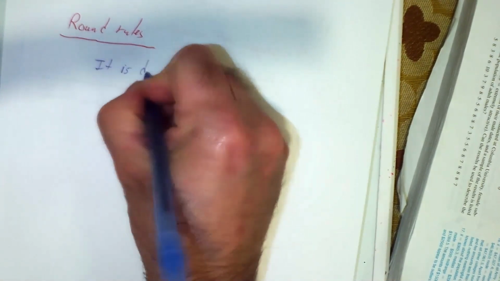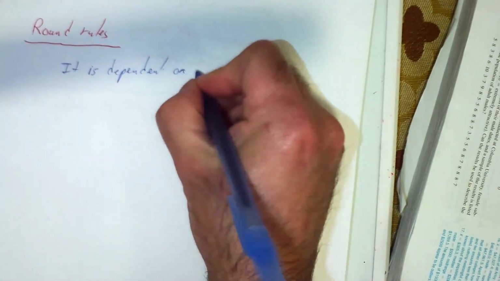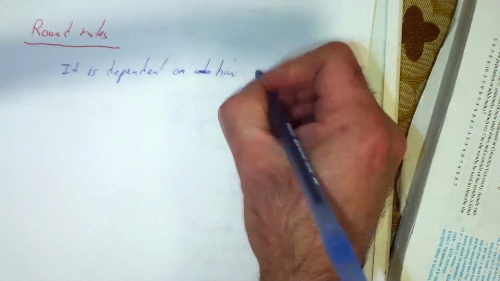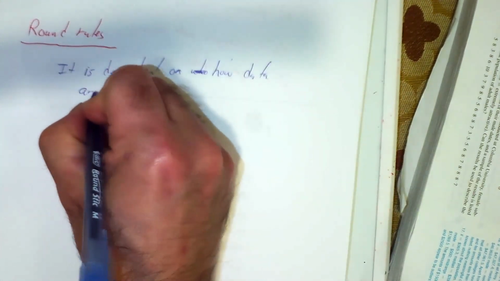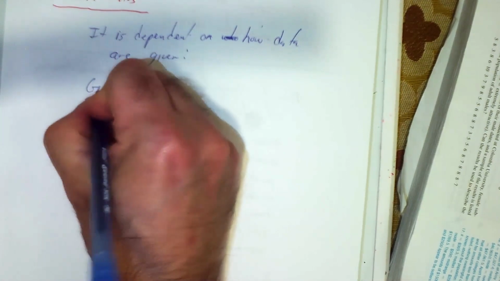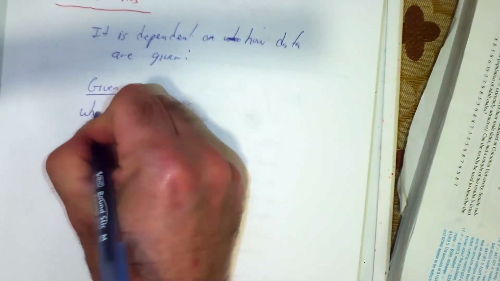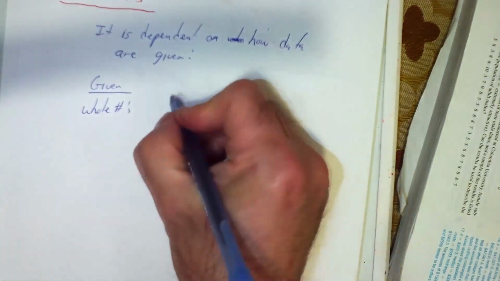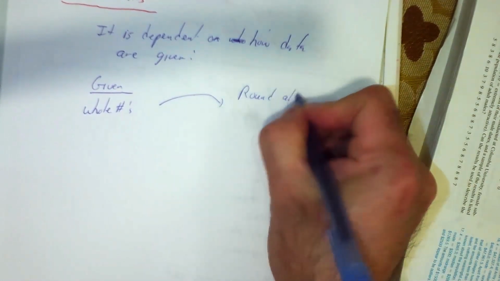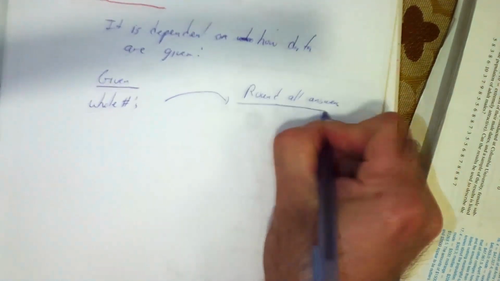So if your data are given as whole numbers, you have to round all your answers to the tenth.